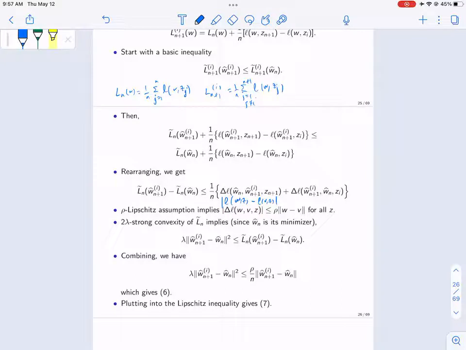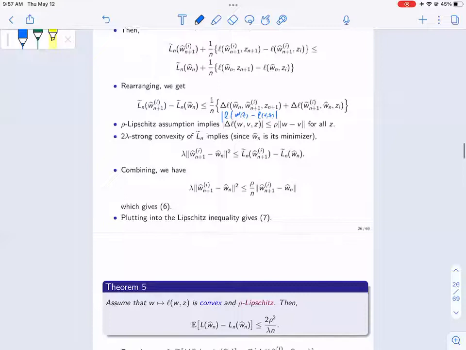So what do we get? So if I apply this, where should I apply this? So I'm going to apply this to that inequality. I get W hat n plus 1 I minus W hat n.